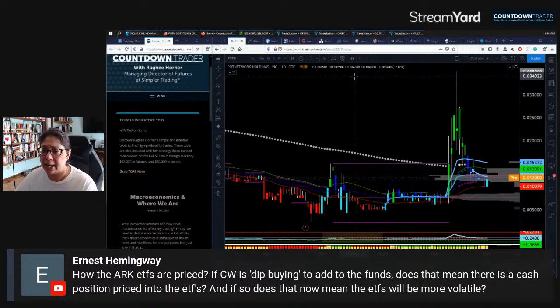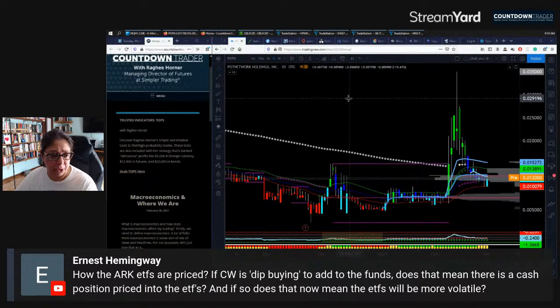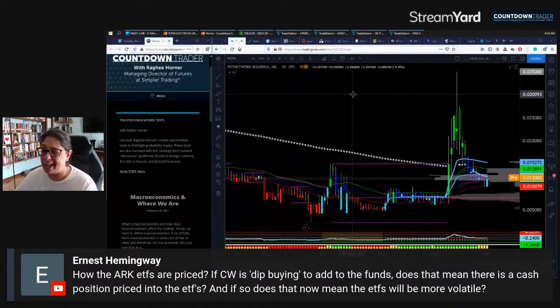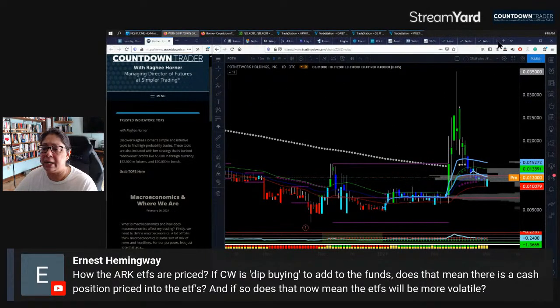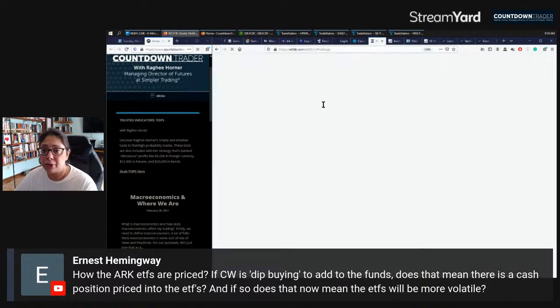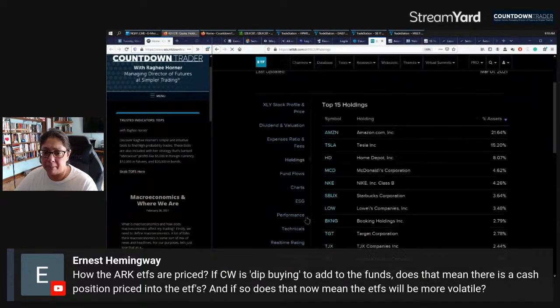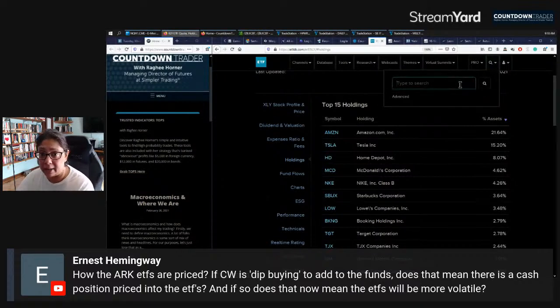One of the things that Kathy Wood wanted to have when she developed ARK, and that was back in 2014, I believe, was this open ecosystem, which I think makes them unique. So yes, many of them do have cash positions built in.